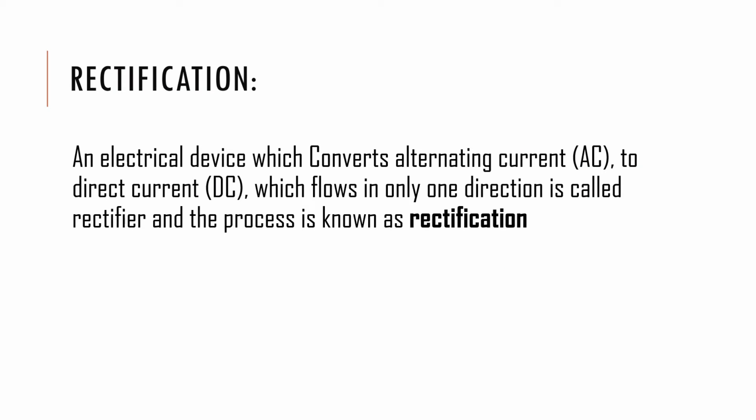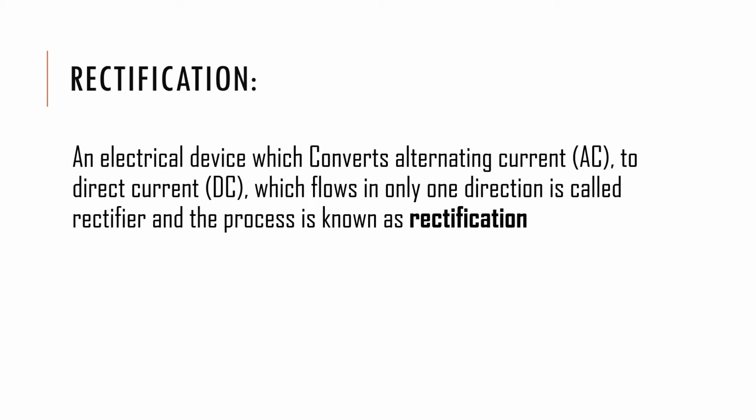First of all, we'll see what is rectification. Rectification is the process in which the AC current is converted into DC current, and an electrical device which converts alternating current to direct current is called rectifier.